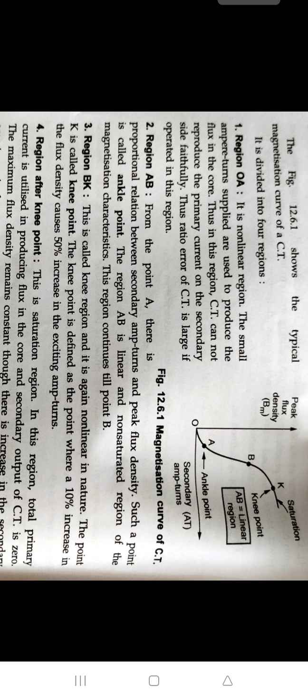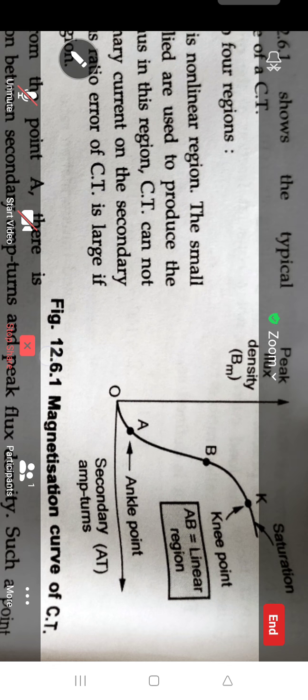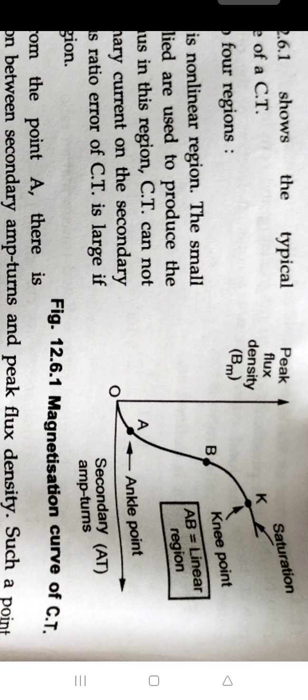So here we can see that the magnetization curve of a current transformer is the graph of secondary ampere turns against the peak flux density Bm. It is also called excitation characteristics or saturation characteristic of a CT.